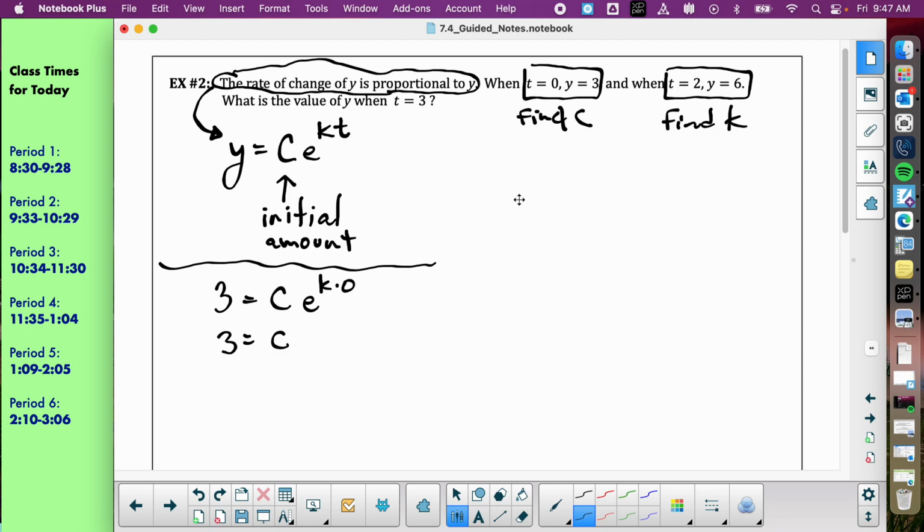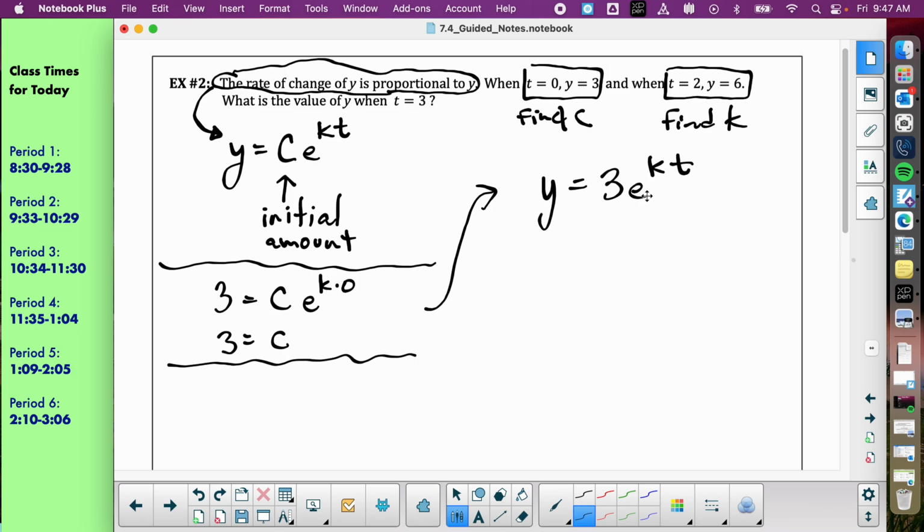Now that we figured out c, we're going to rewrite our generic equation with the 3 in there. We're essentially refining our generic equation until it's very specific to this situation.